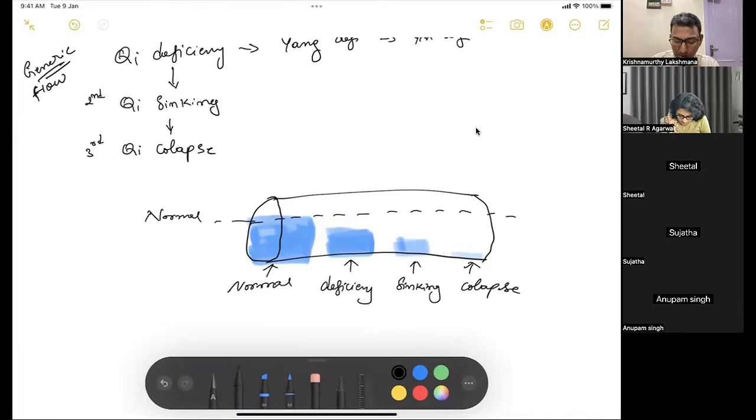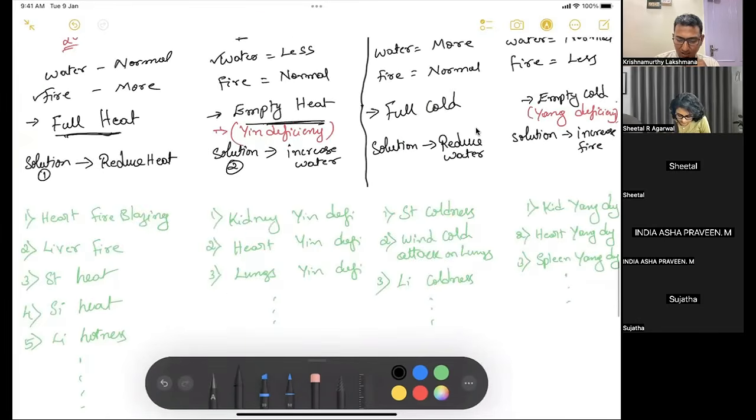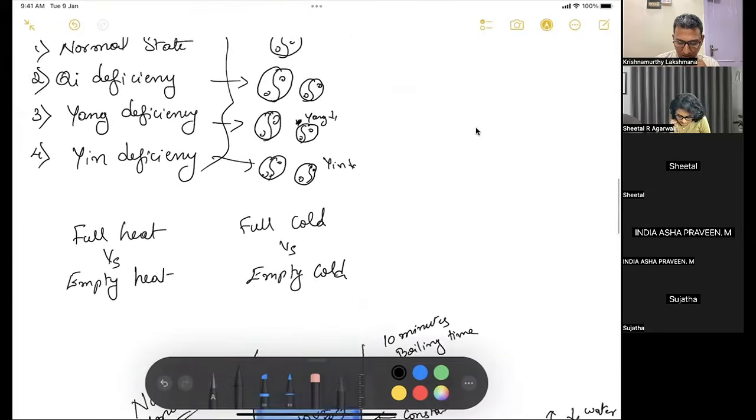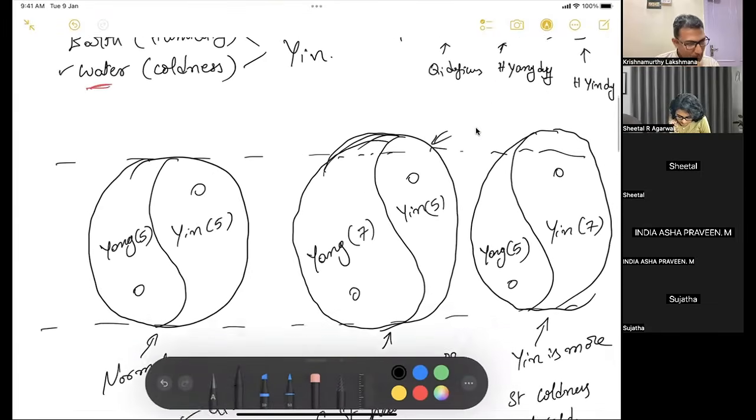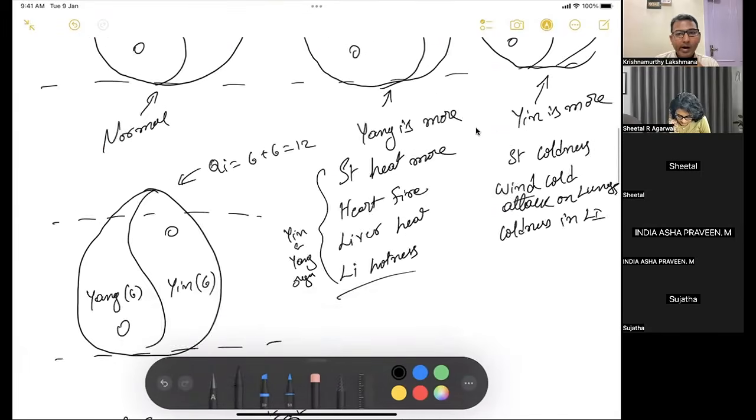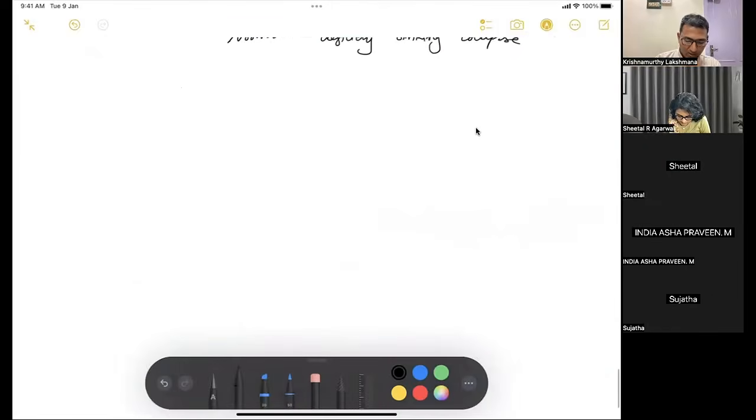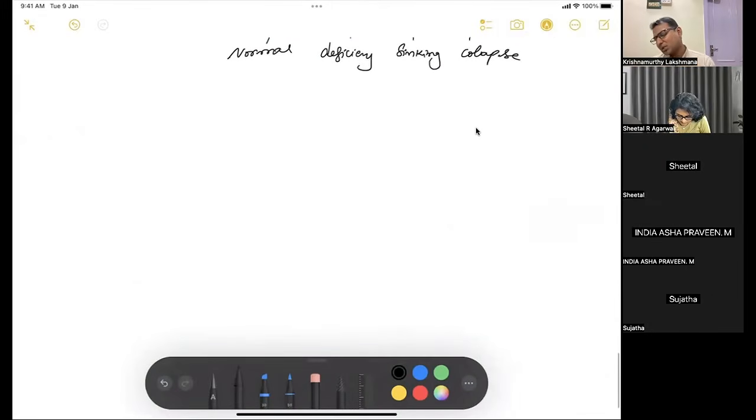Sir, about yang, in the density concept, will yang and yin be the same as this? See, yang and yin can be associated with so many things. Say you are asking about density.